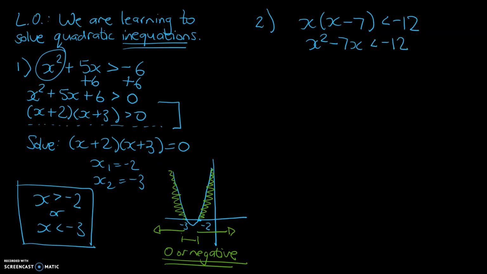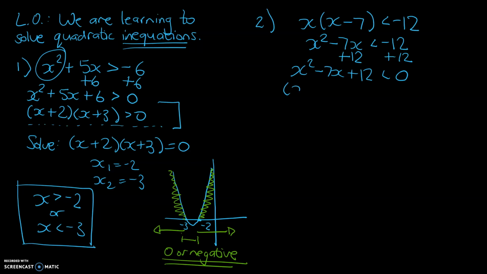When is that less than -12? We're then going to get that 12 and eliminate it to make sure that side is equal to 0. Because we added 12 on that side, we're going to have to add 12 to the left-hand side as well. And that means x squared minus 7x plus 12. That is going to be less than 0.